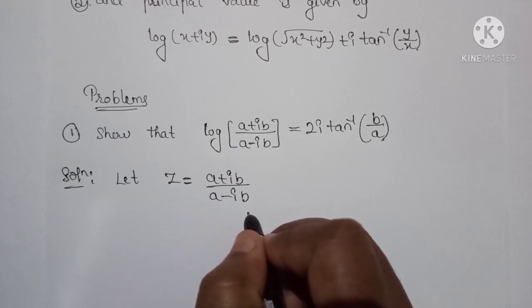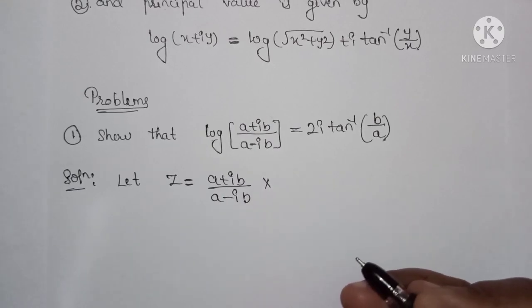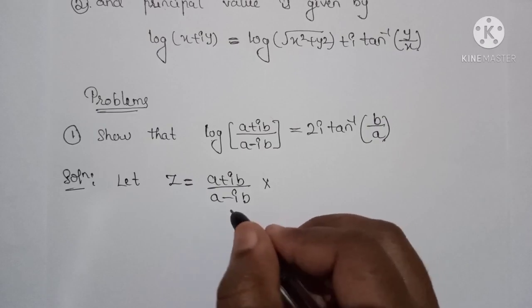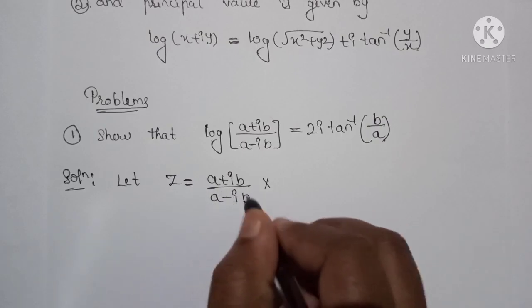To represent it in the a plus ib form or x plus iy form, we divide and multiply with the conjugate of the denominator.